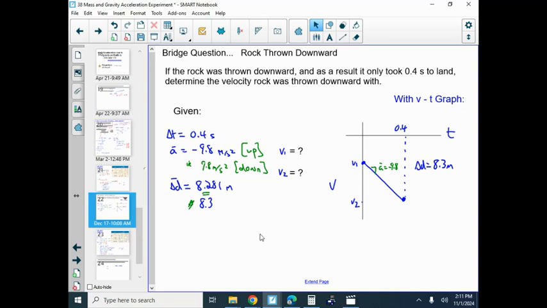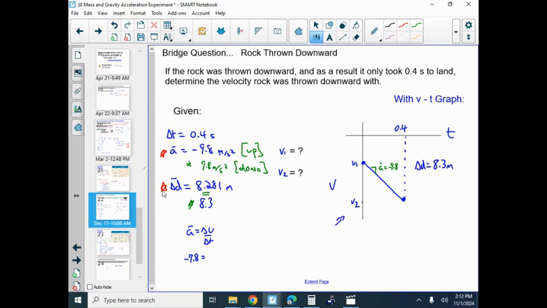If we were to try to do this with the VT graph stuff, we would have been using the displacement, or the area. So think of acceleration equals delta v over delta t. Not sure if I should bother doing this right now, to be honest. I think the point's been made that VT graphs help with visualizing things.